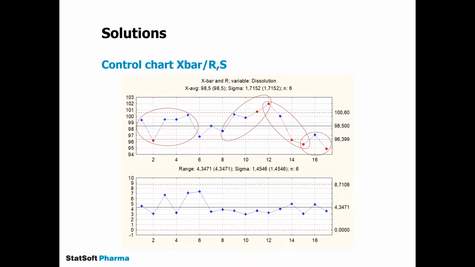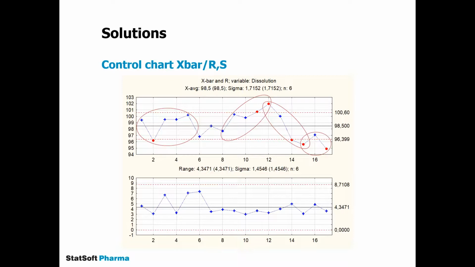Another method is X-bar and range or standard deviation control charts, which is used for sample size above 1, with variation estimated based on ranges or standard deviation in samples. It is a two-way chart that monitors the process location by means of the X-bar chart and the process range or standard deviation by means of the range or standard deviation chart.